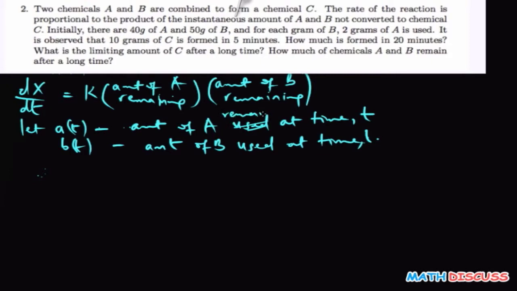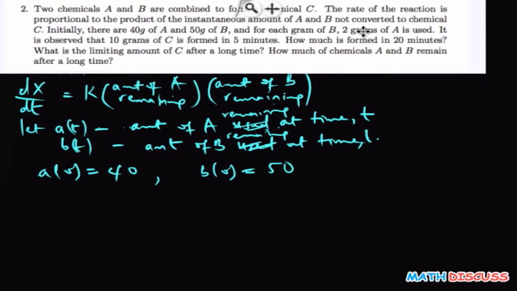Let's call this remaining, since we've been using remaining here. So we have A of 0 equals 40, and B of 0 equals 50, since at time 0 the amount of B is 50.